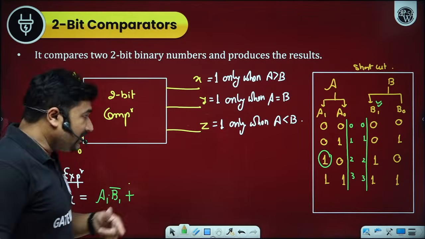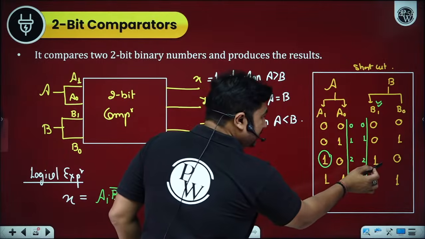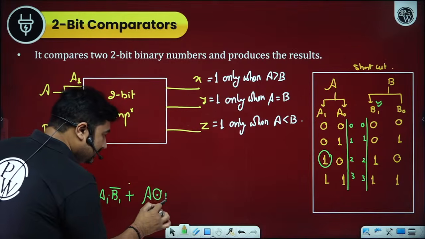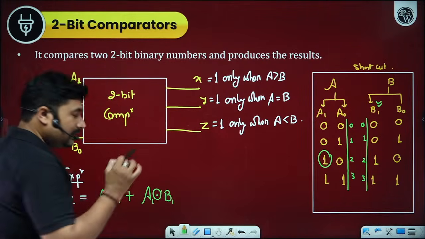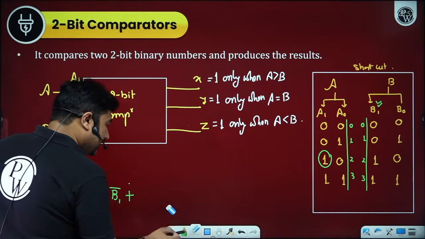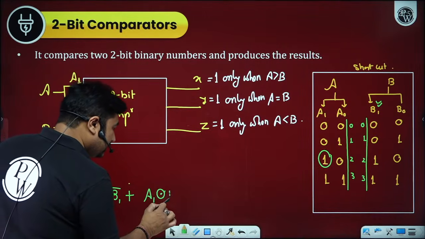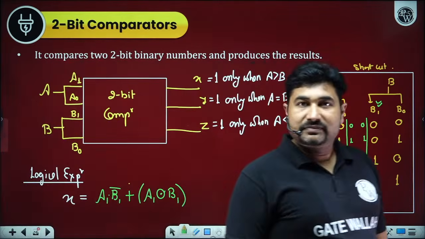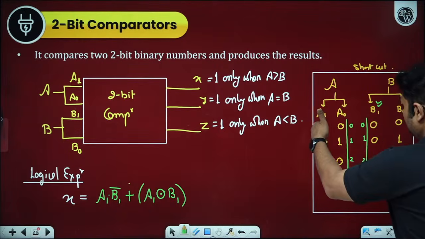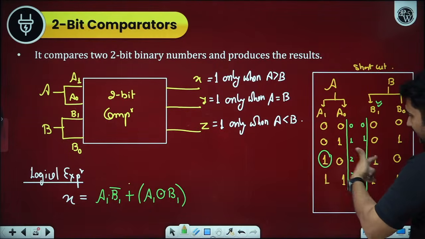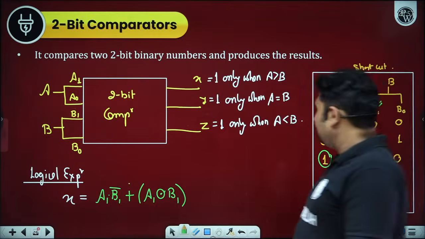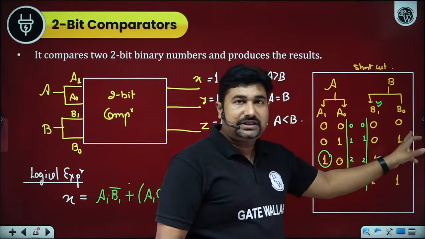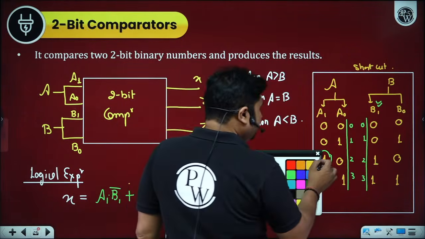In case if A1 and B1 are equal, in case we observe this 2 and 3, so in case if A1 is equal to B1, the XNOR gate output is logic 1 whenever the two inputs are the same. So in case the MSBs are the same, 0, 0, or 1, 1, then for the next significant bit, if A0 is greater than B0, please observe.